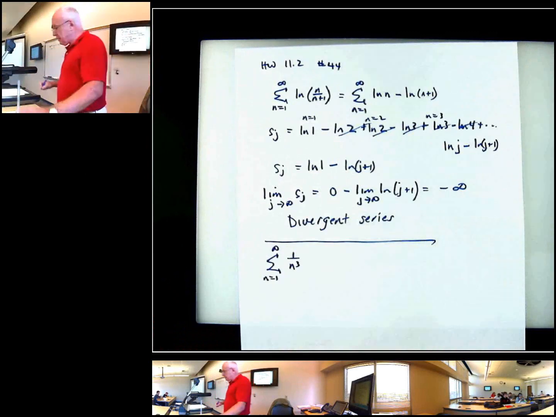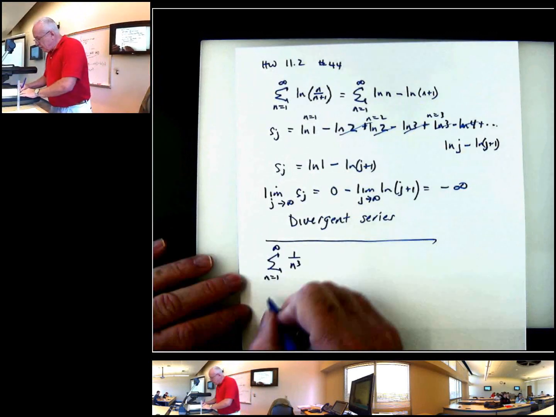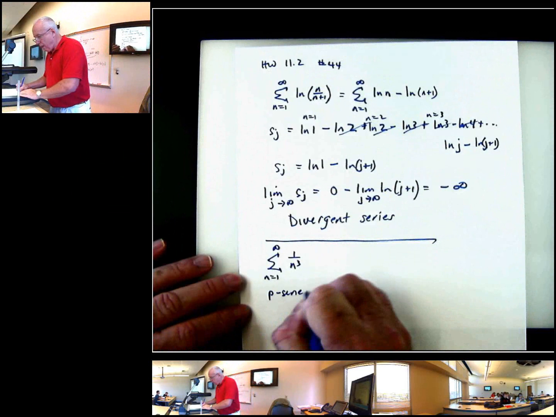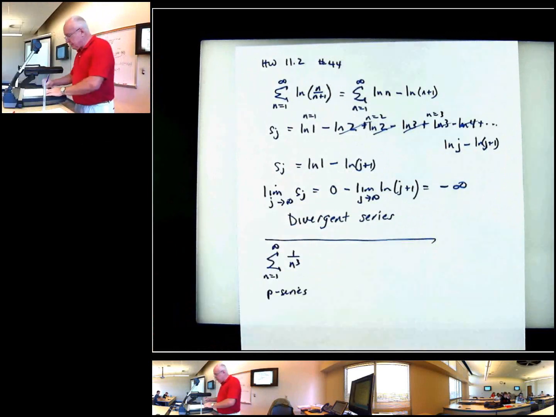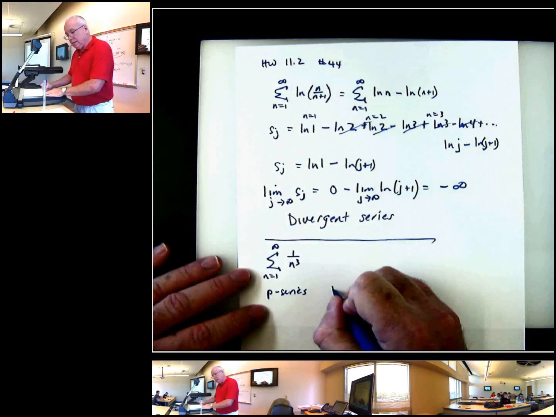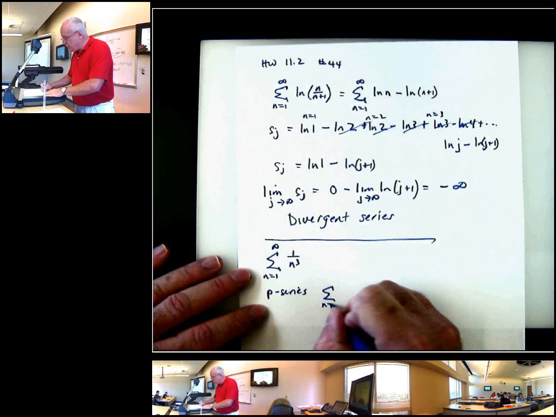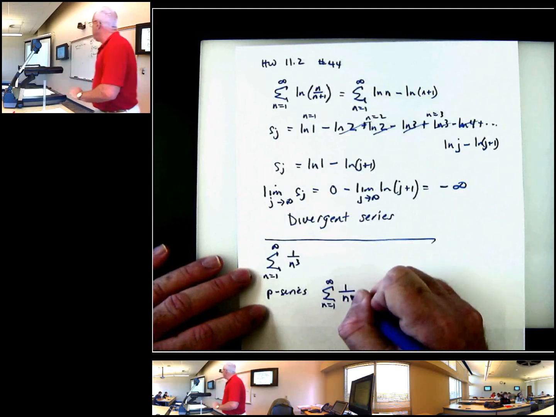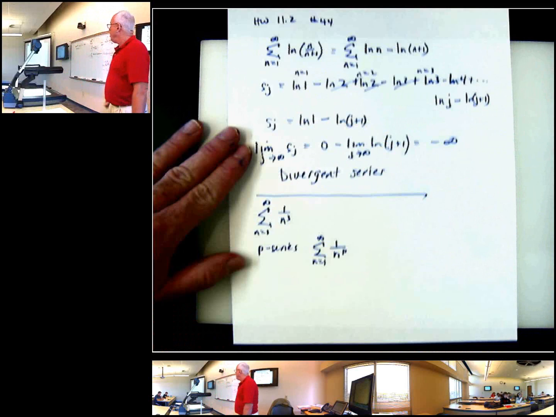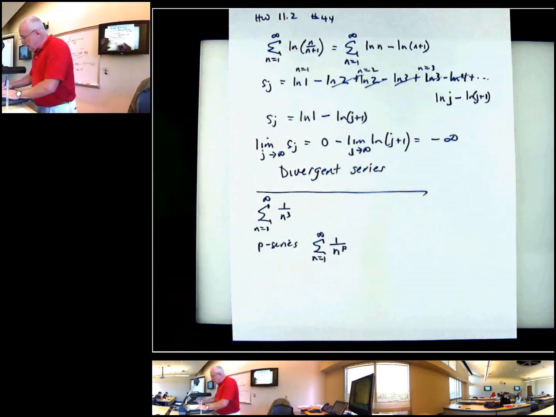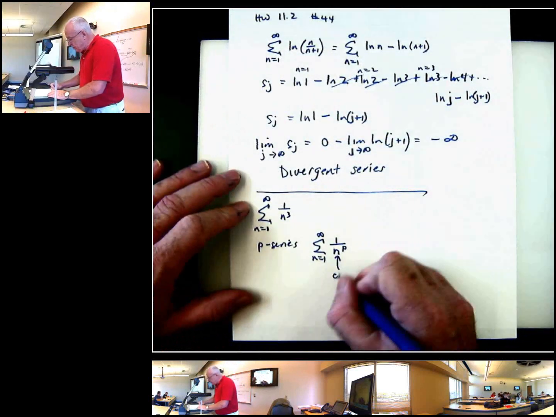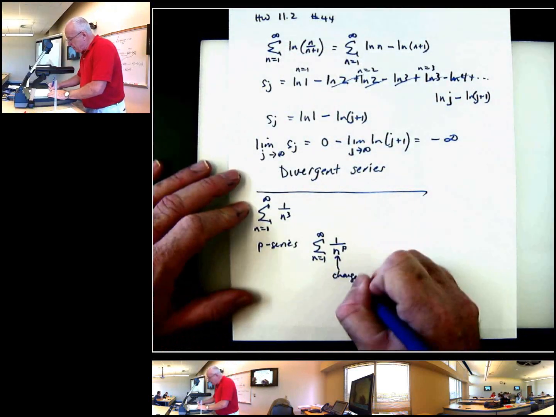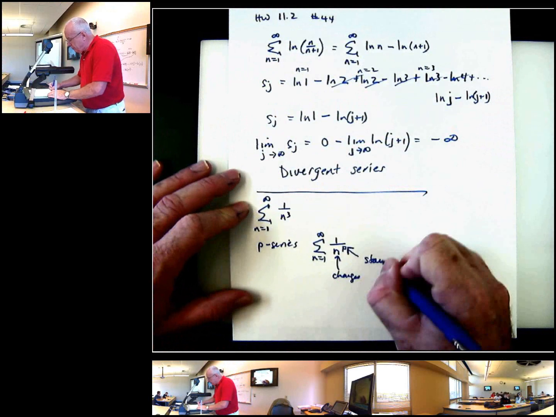This is a p-series, and the p-series has this format: the sum as n goes from 1 to infinity of 1 over n to some power p. The n is what changes. The power stays the same.